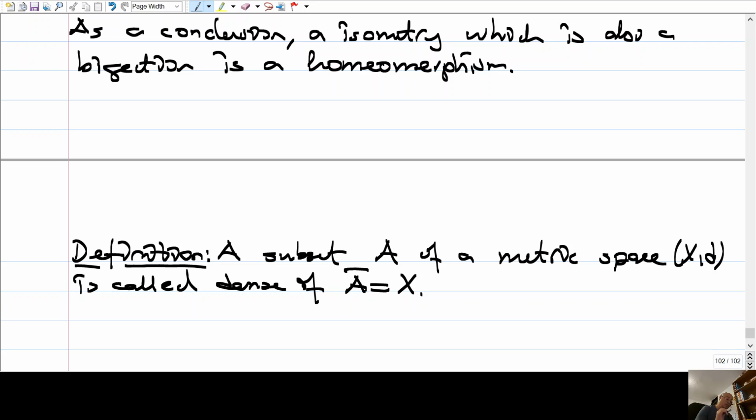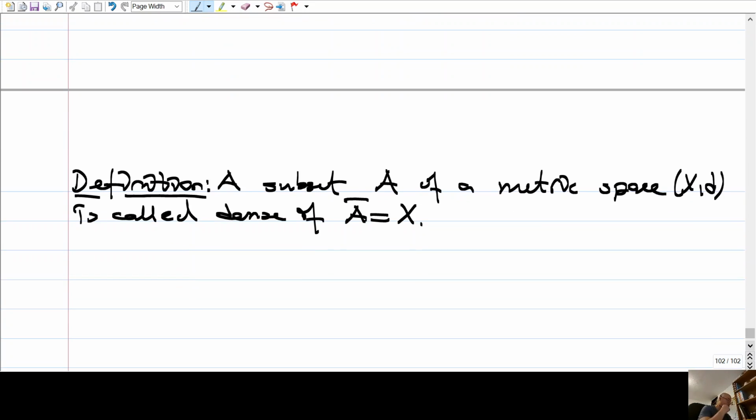A set is called dense if its closure is equal to the whole space.